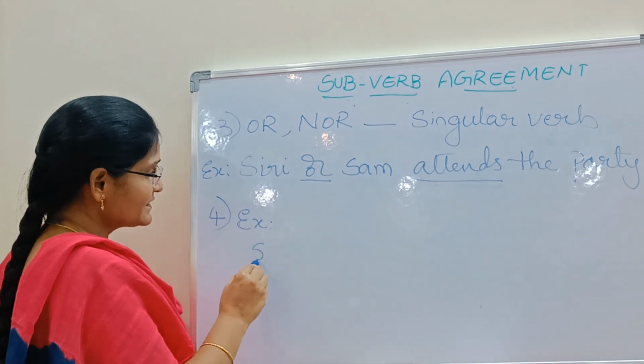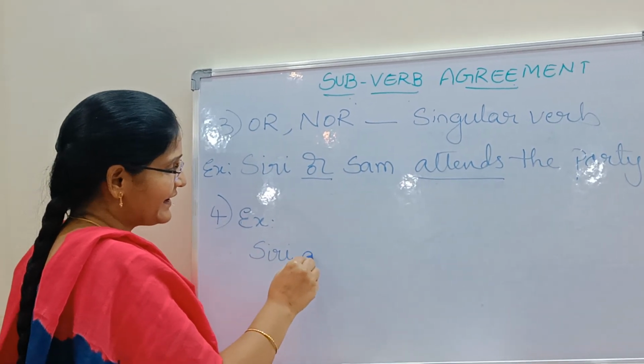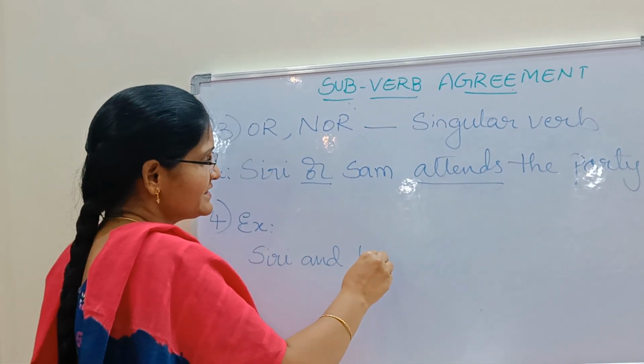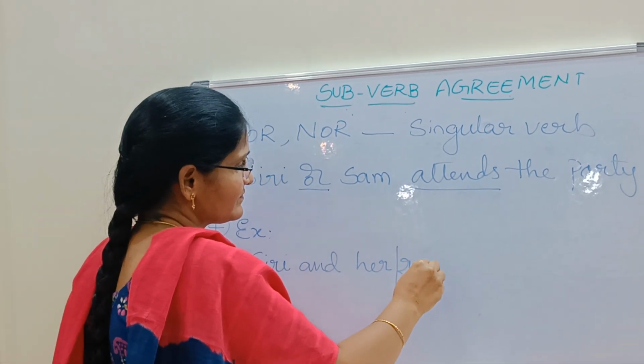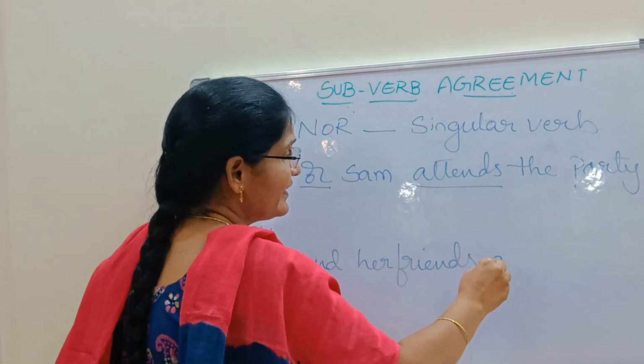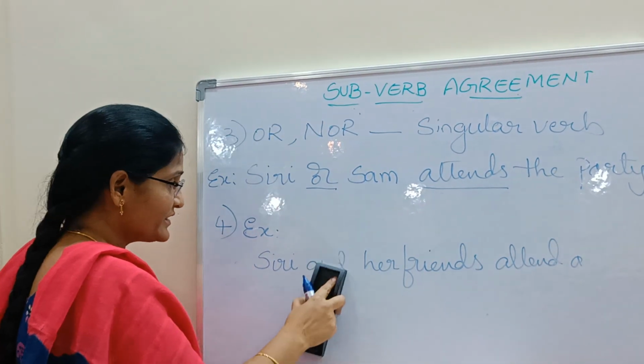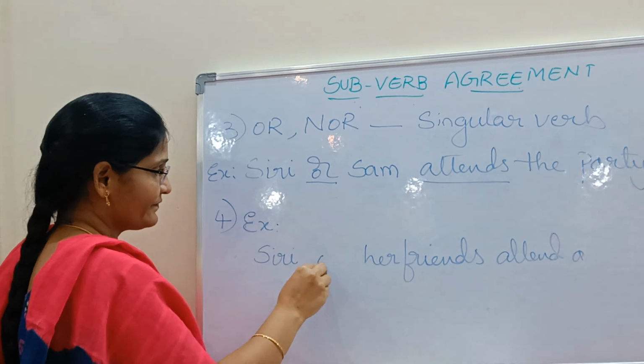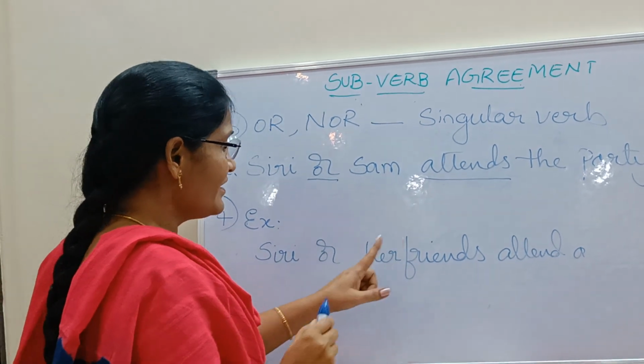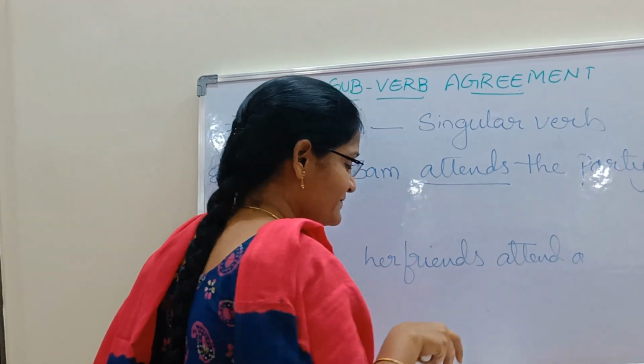Here, Siri and her friends attend the party. Sorry, here I have written "and," it is "or." Siri or her friends attend the party.